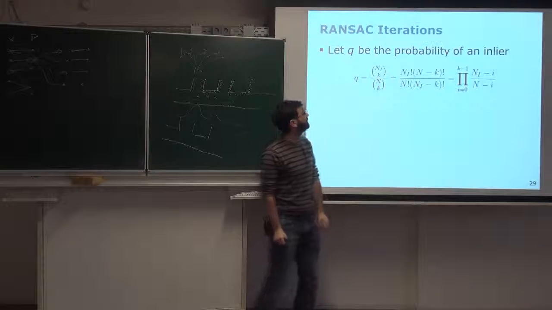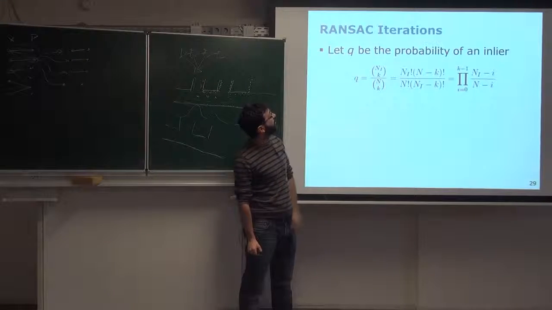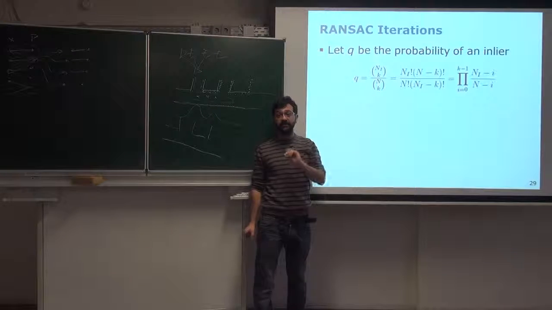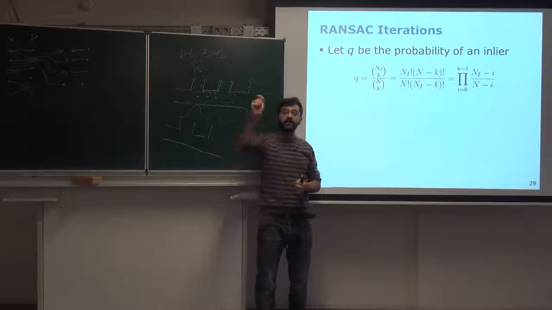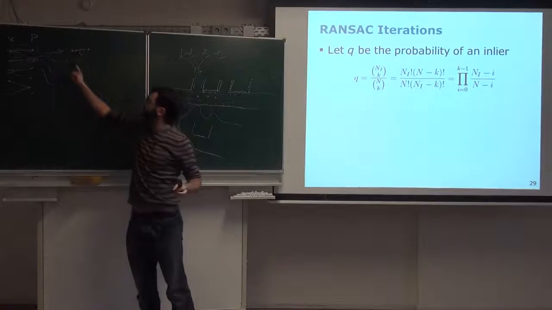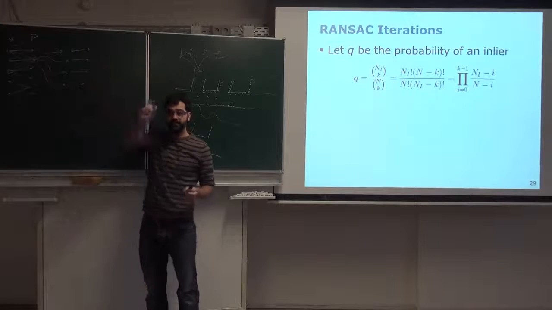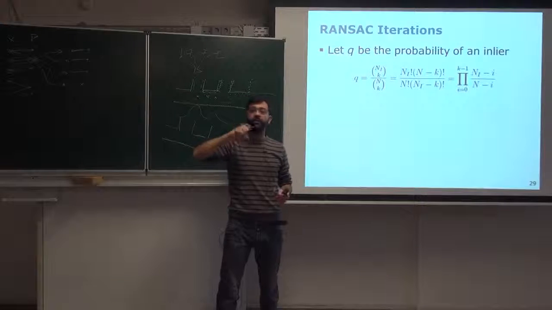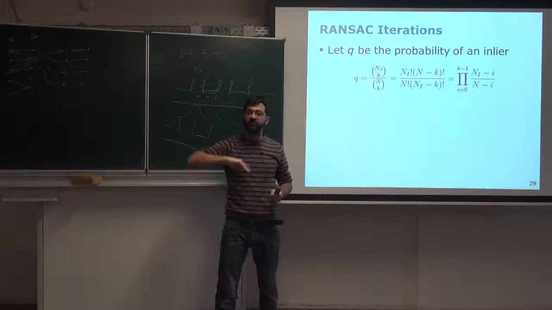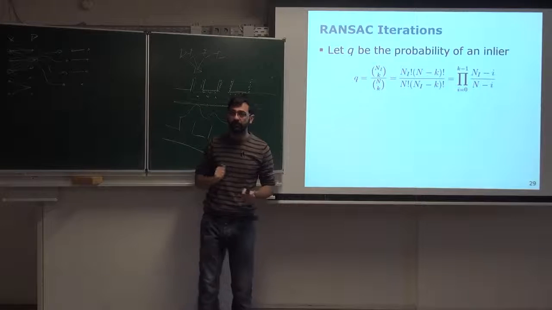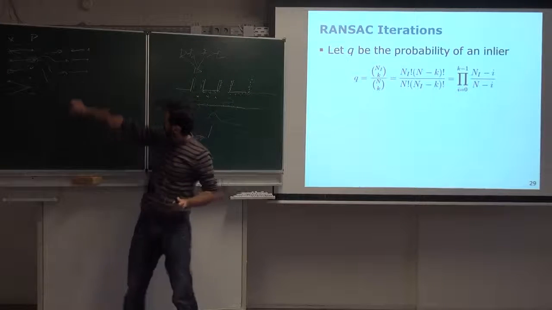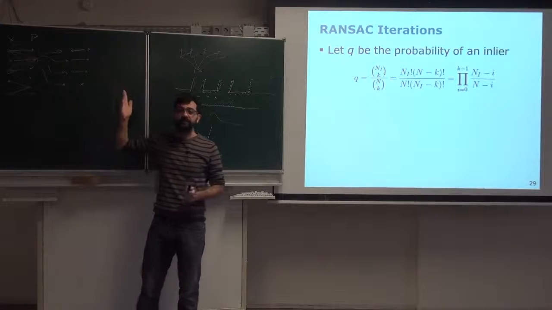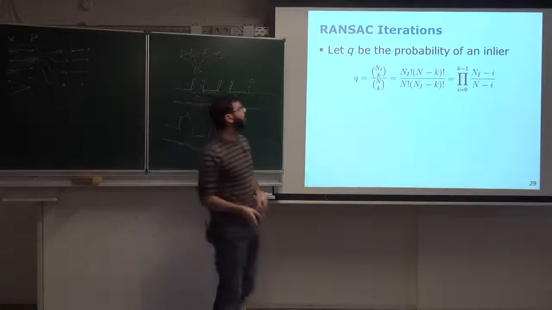It gets complicated, but let's assume that Q is the probability of an inlier, okay? So it says each point from this one, and I call point this pairwise association, is an inlier with a probability 0.1, 0.3, 0.9, depending on your problem, okay? This basically means that out of all these points, 70% will be inliers on average or so.